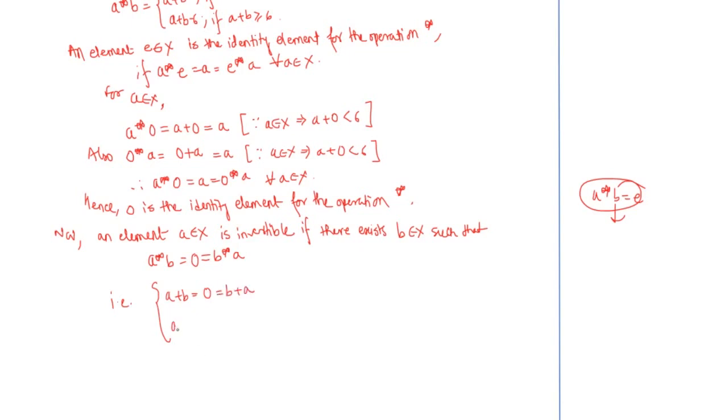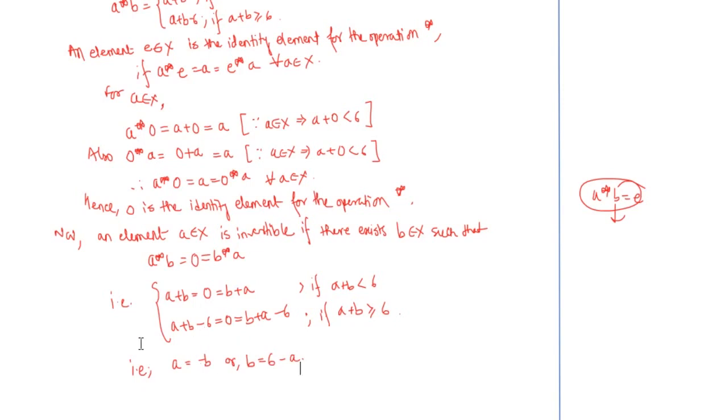Also a plus b minus 6 is equal to 0 is equal to b plus a minus 6, if a plus b is less than 6, and if a plus b is greater than or equal to 6 respectively. So from here it implies that a is equal to minus b, or b is equal to 6 minus a.